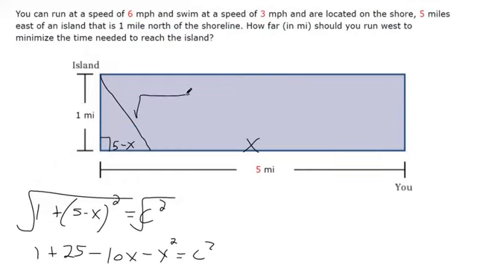So c is going to be the square root of 1 plus (5 minus x) squared. Okay, so we're trying to minimize time, and the time depends on how far we travel.